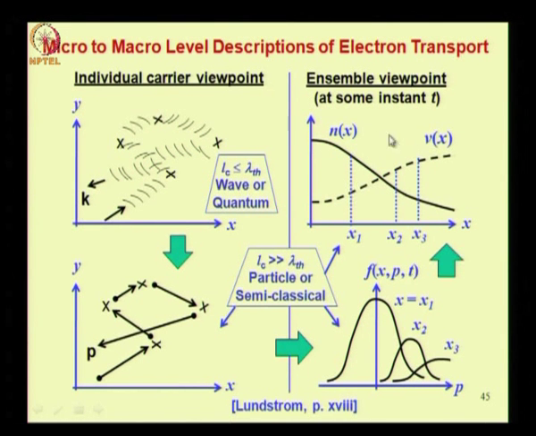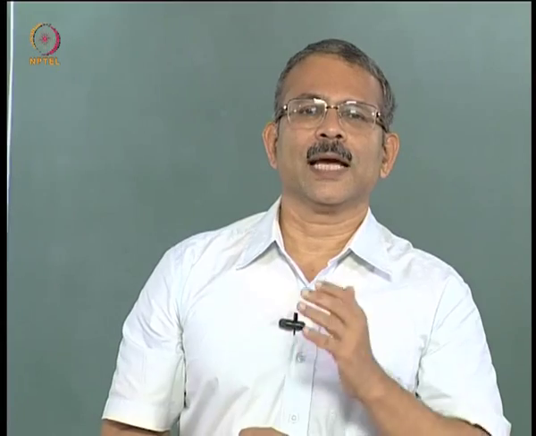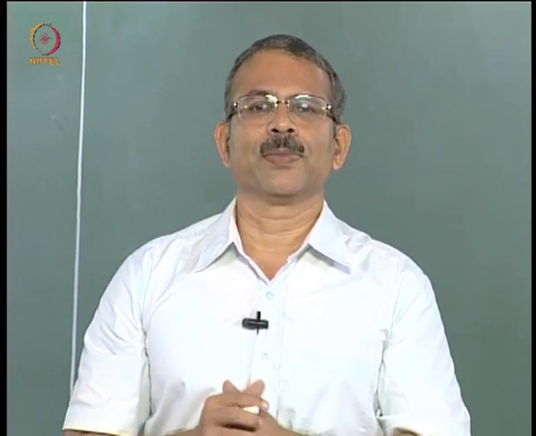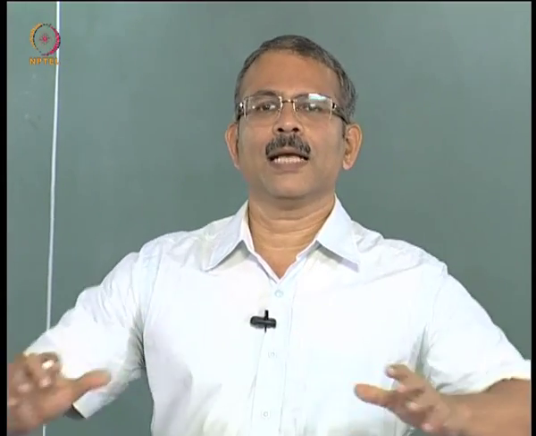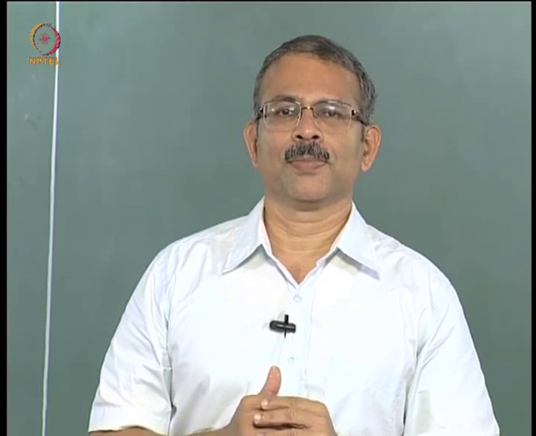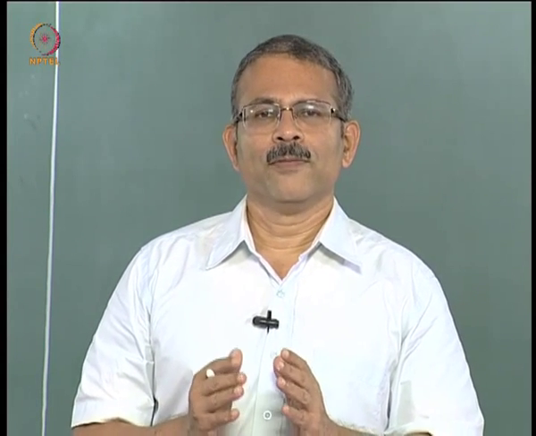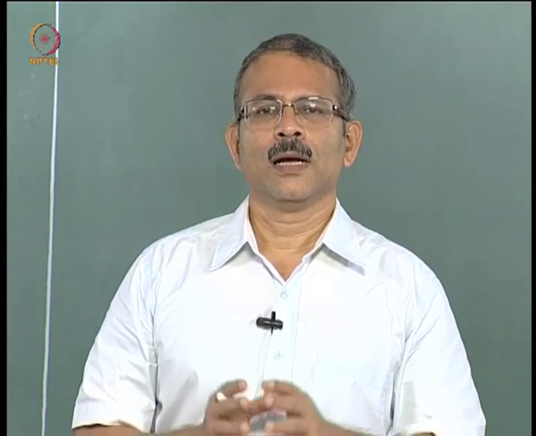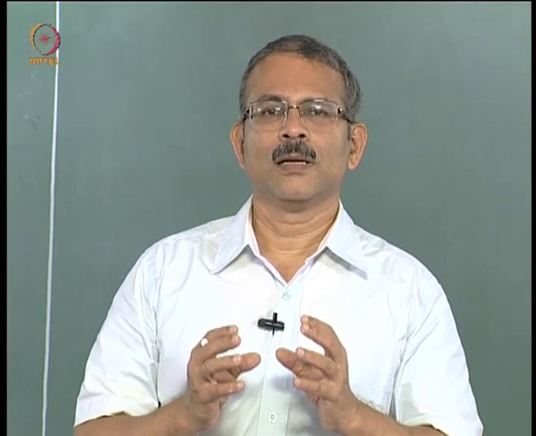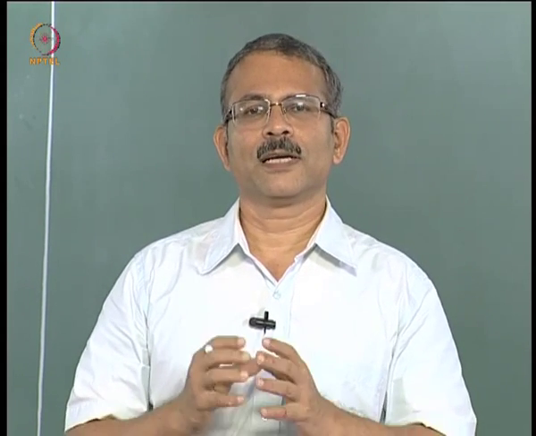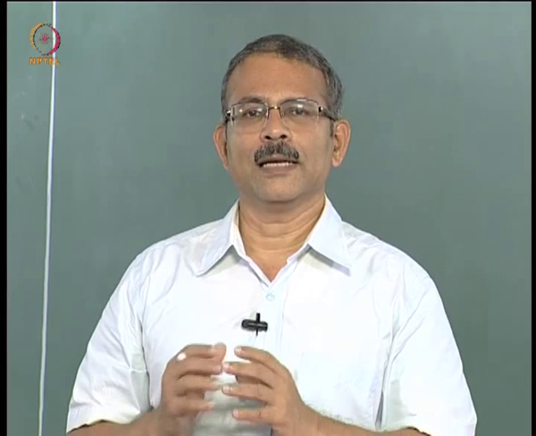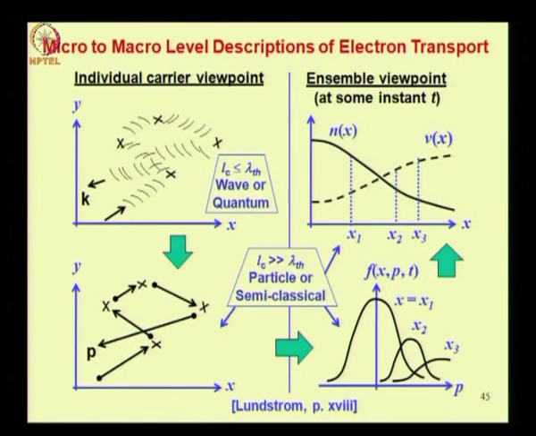And at the most gross level, you don't bother about the distribution over momentum but only about the average quantities such as carrier concentration, momentum and energy in a local volume, and analyze the device in terms of these. Now we will proceed to outline each of these methods of determining current in detail.